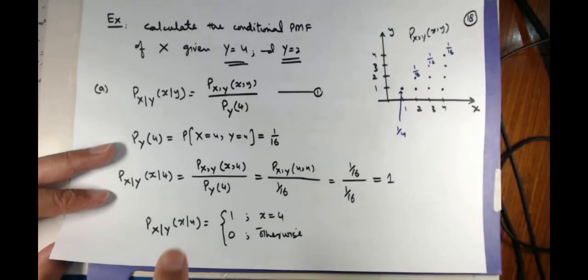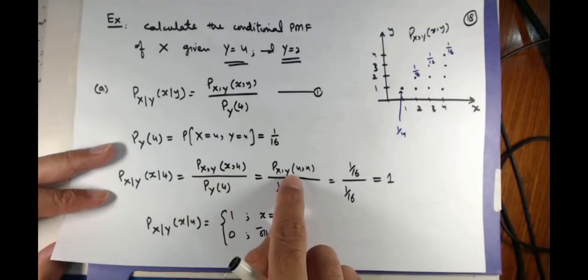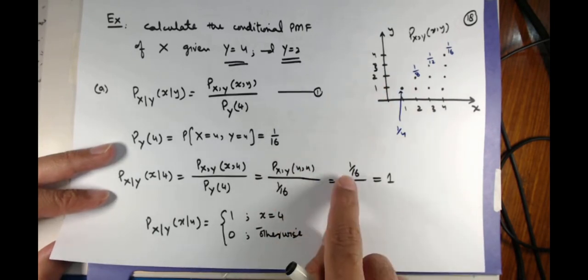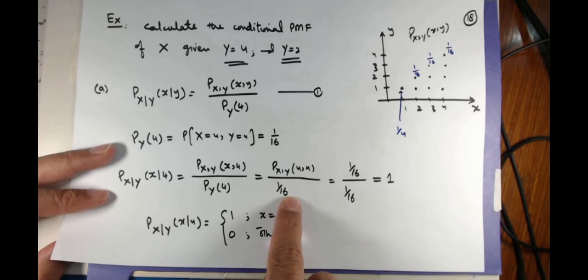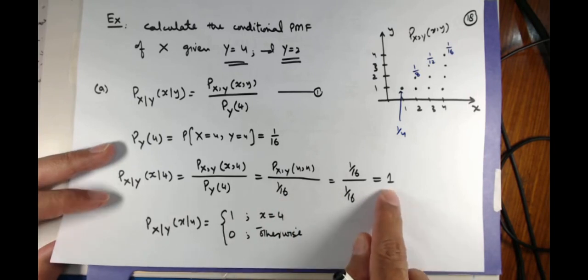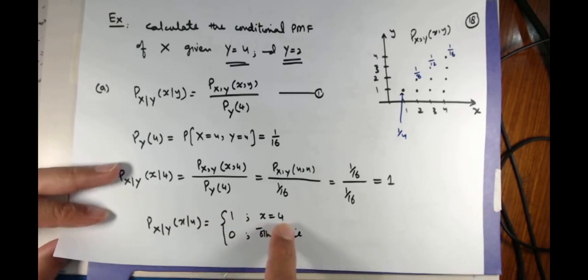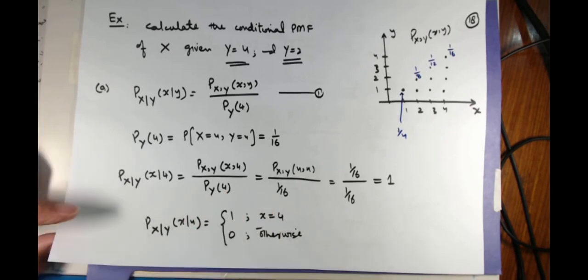Only one point in the giant unconditional distribution where you have 4 comma 4. So its probability is 1 by 16, the denominator is 1 by 16, so the total is 1. So P sub x given y of x given 4 is simply just 1 point, x is equal to 4.